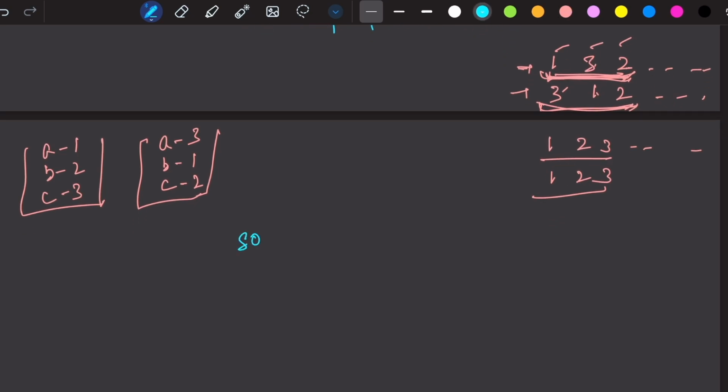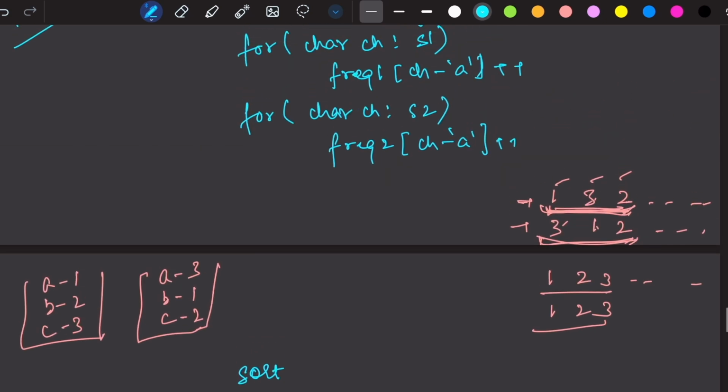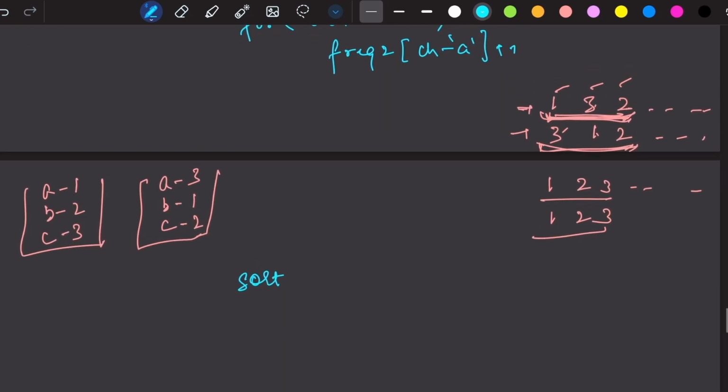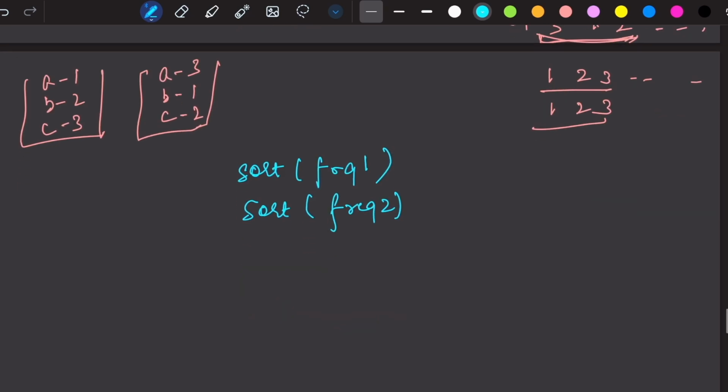Next step should be sort frequency 1, and second should be sort frequency 2. Now we have both the sortings.